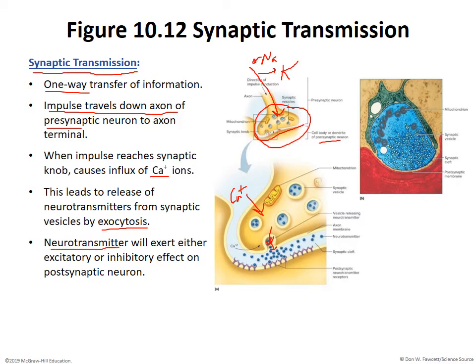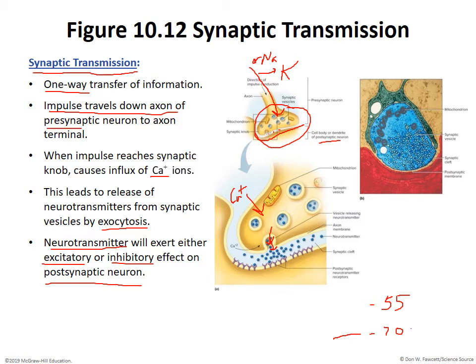So the neurotransmitter will exert either an excitatory or inhibitory effect on this postsynaptic neuron. Remember, we had that negative 55, which was our threshold, and we had negative 70, which was our normal resting membrane potential.